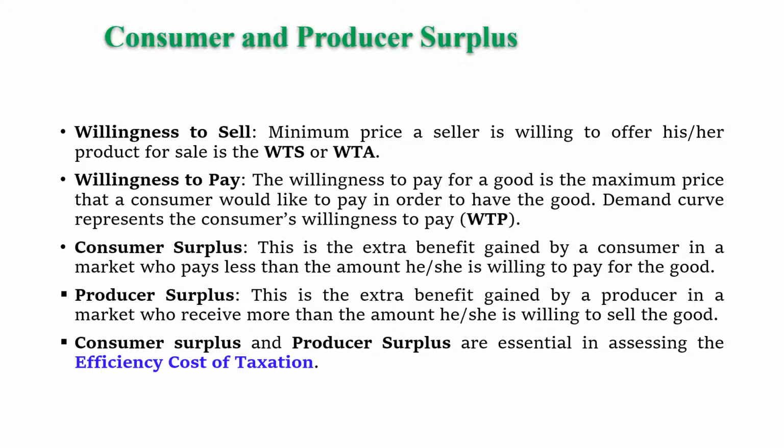Now, the consumer surplus is just the extra benefit gained by a consumer in a market who pays less than the amount he or she is willing to pay for the good. Now, let's say, for example, I'm a consumer. I go to the store to buy a good. And I have like $10.